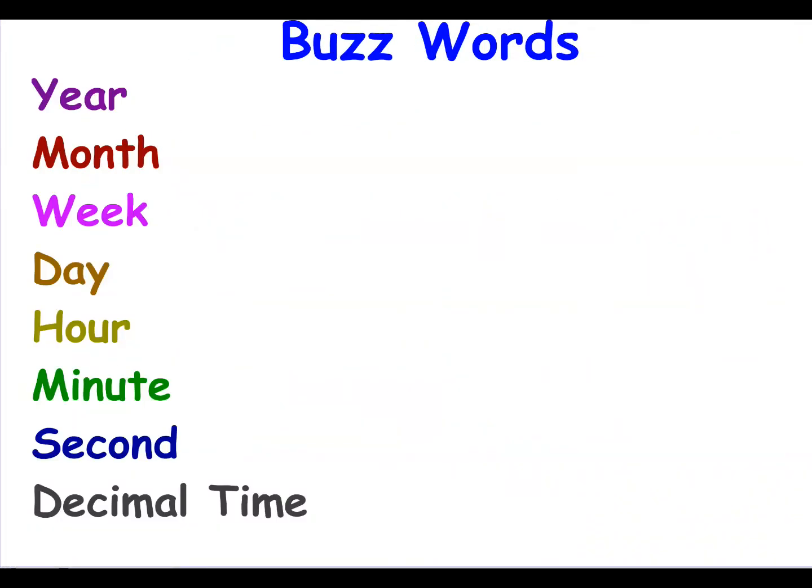Okay, let's have a quick recap on our buzzwords. We know that a year is defined by the length of time it takes for the Earth to rotate around the Sun. And this is roughly 365.25 days.